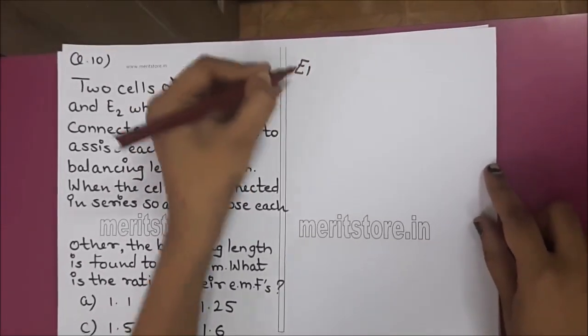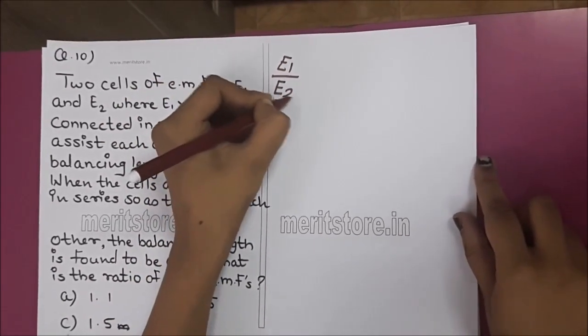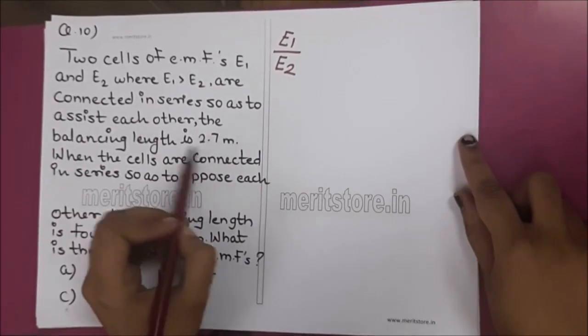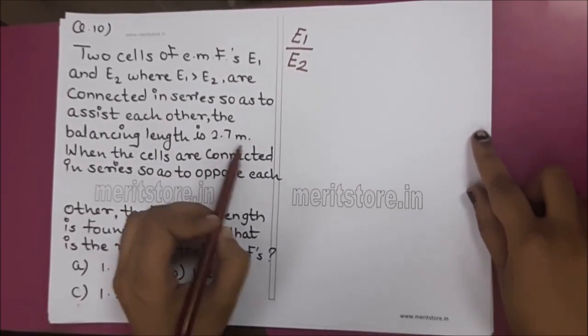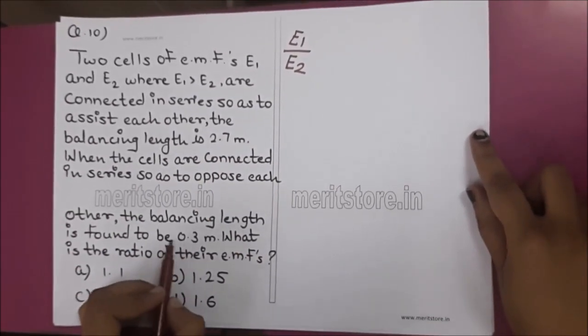So over here we have to find the ratio of the two EMFs, that is E1 by E2. We should know that E1 is greater than E2, and we have been given the lengths L1 as 2.7 and L2 as 0.3.